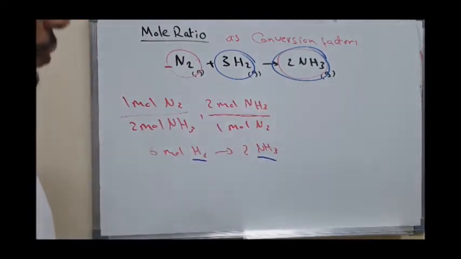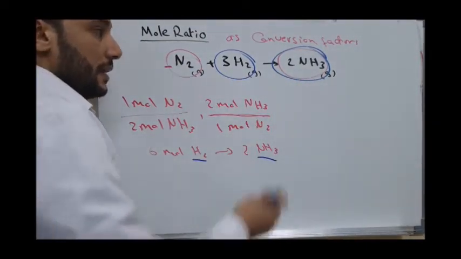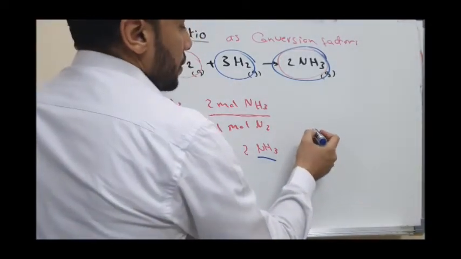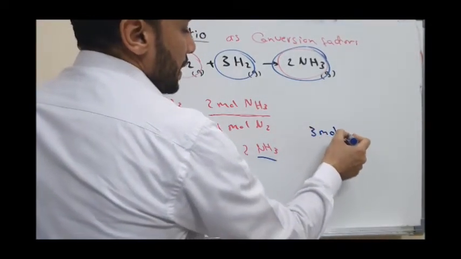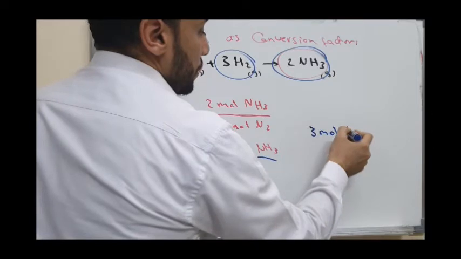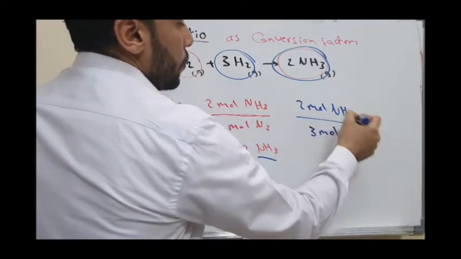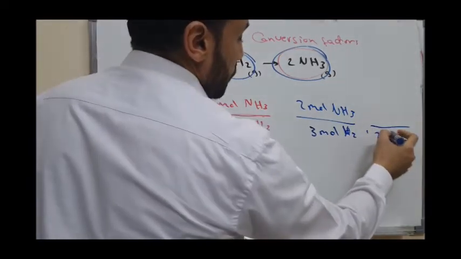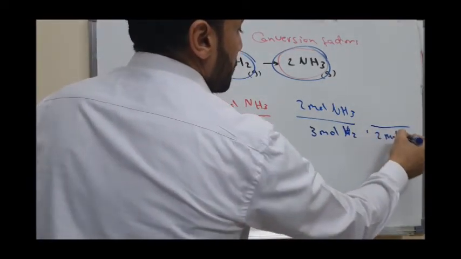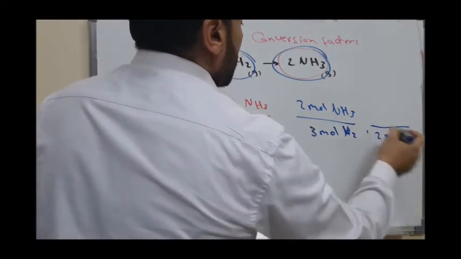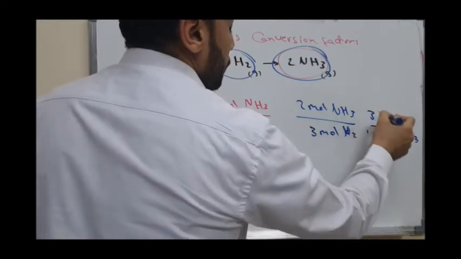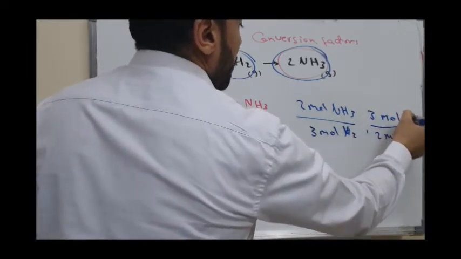The suitable mole ratios between hydrogen and ammonia are 3 moles of hydrogen will produce 2 moles of ammonia. Or if we want to produce 2 moles of ammonia, we have to use 3 moles of hydrogen.